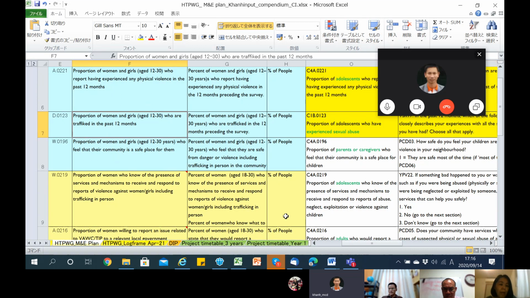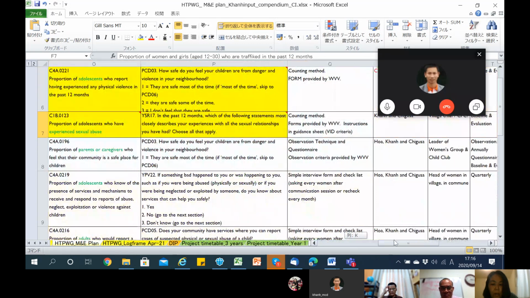This is basically a counting method. But I need to discuss it with you before. I was wondering about the victim identification criteria, actually. We can use the secondary data, but I also wanted to clarify what the victim identification criteria is.